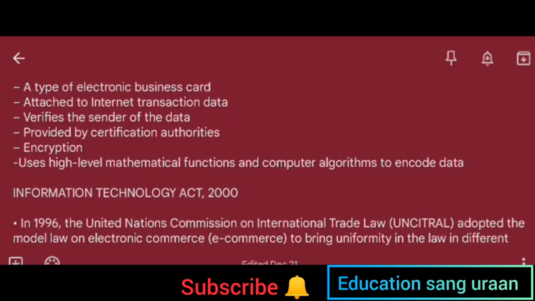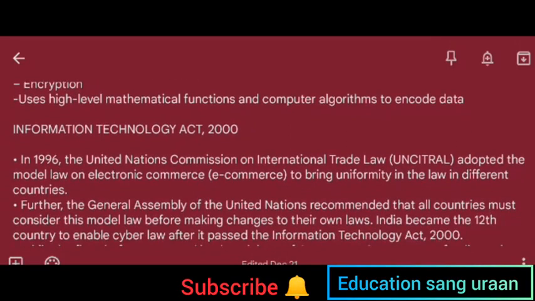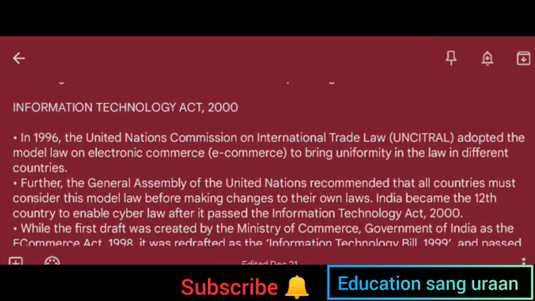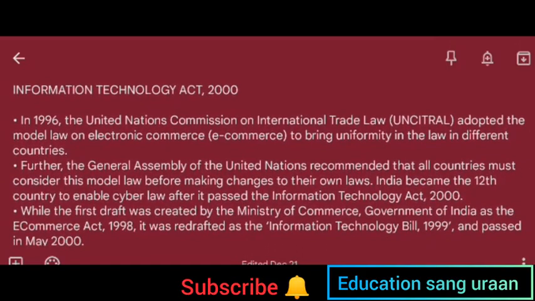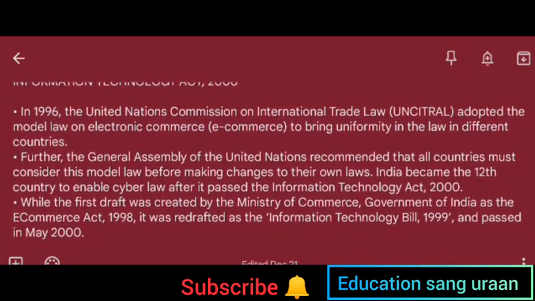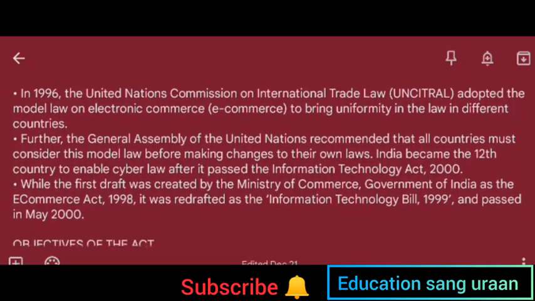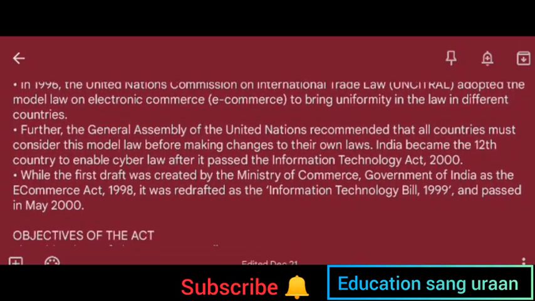Encryption uses high-level mathematical functions and computer algorithms to encode data. Information Technology Act, that is IT Act 2000. In 1996, the United Nations Commission on International Trade Law, UNCITRAL, adopted the model law on electronic commerce to bring uniformity in law in different countries.